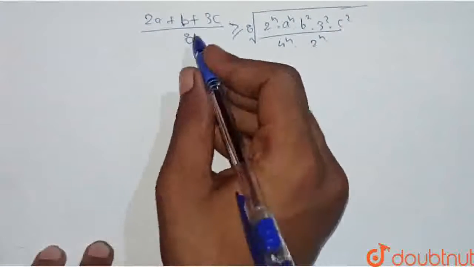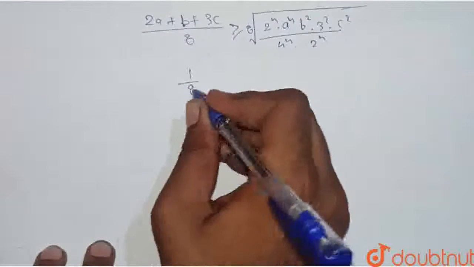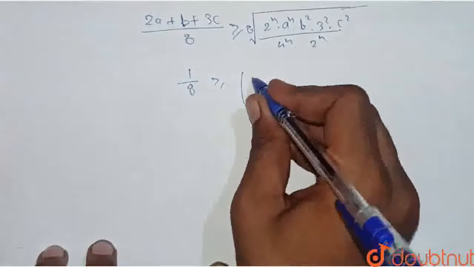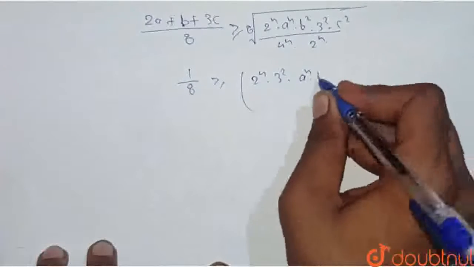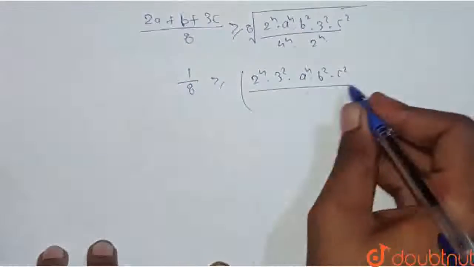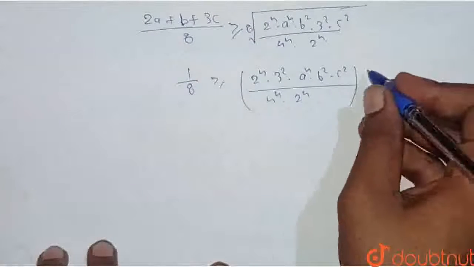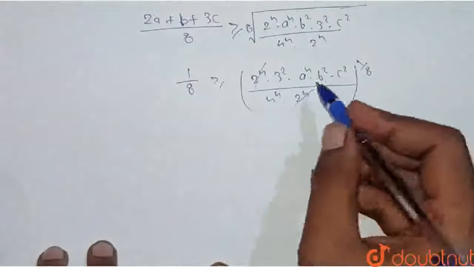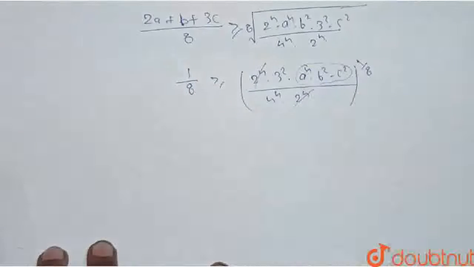And in the question, the value of 2a plus b plus 3c is 1. So 1 by 8 is greater than or equal to, if we simplify this, 2 raised to the power 4 into 3 square a raised to the power 4 b square c square divided by 4 raised to the power 4 into 2 raised to the power 4, the whole raised to the power 1 by 8. We can see this term we can cancel out here, and we can successfully create this term, which we need.